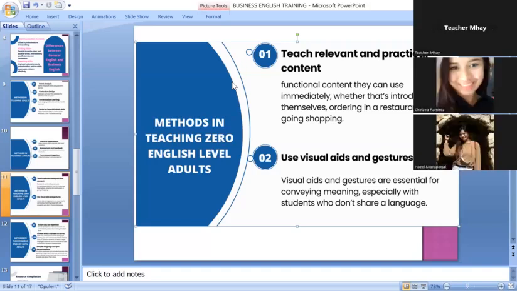So who wants to give an example on how to use visual aids and gestures, especially in online classes? It is easy in personal classes, face to face. But how about online? Okay, Teacher Hazel, you can give an example on how to use visual aids and gestures.